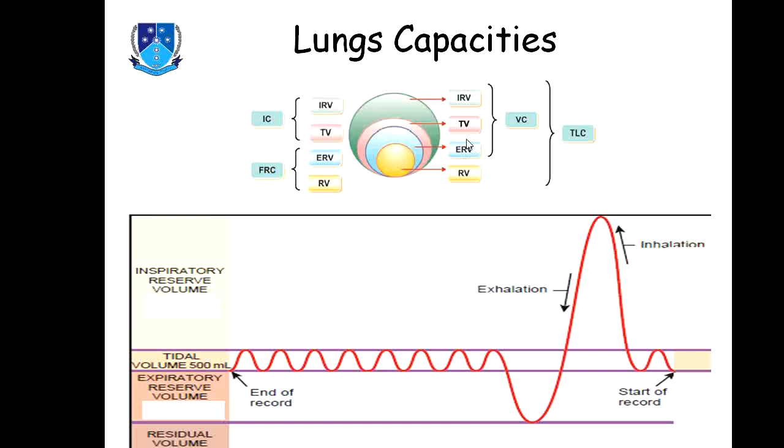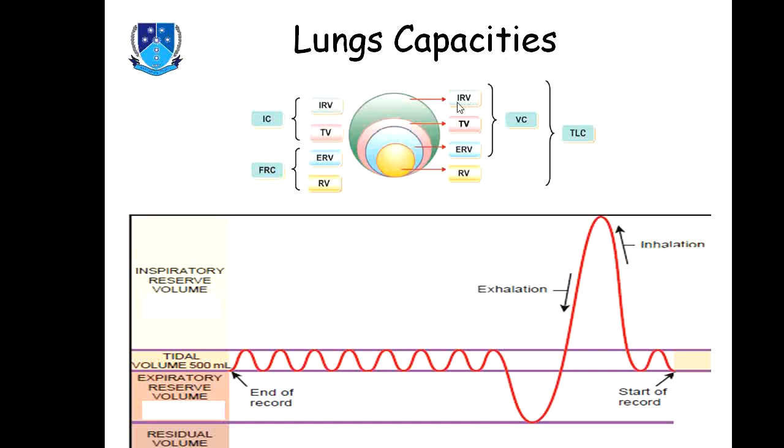You can simply say that it is the volume of air which can be inhaled after forceful expiration of air. If we expire that expiratory reserve volume of 1 liter, then the volume of air which can be inhaled after forceful expiration is called the vital capacity.